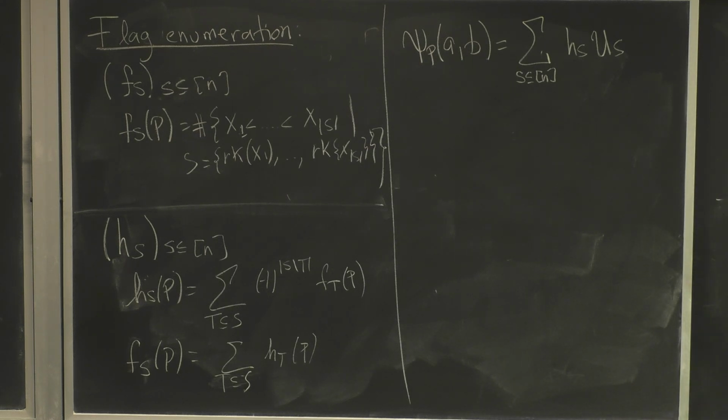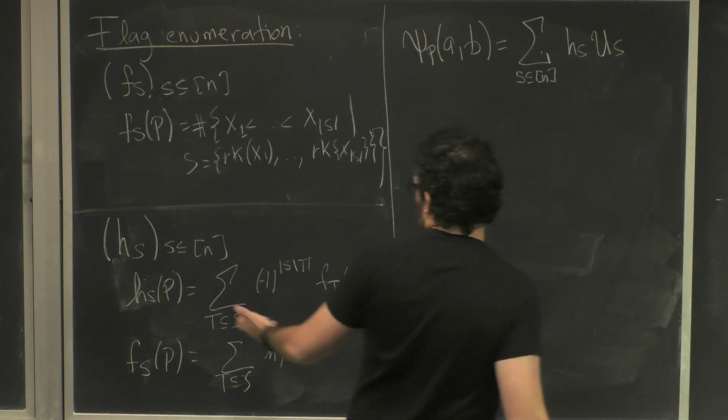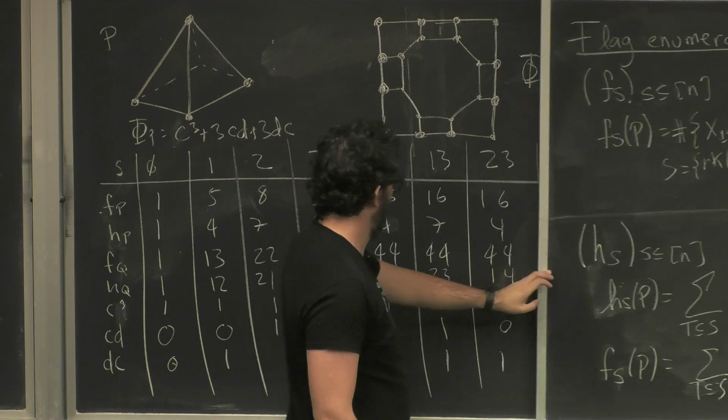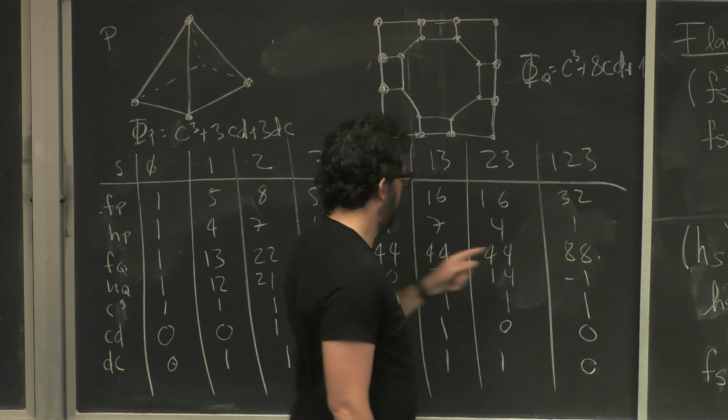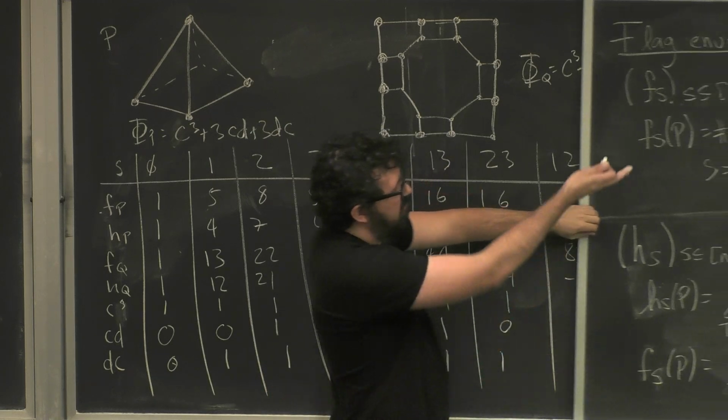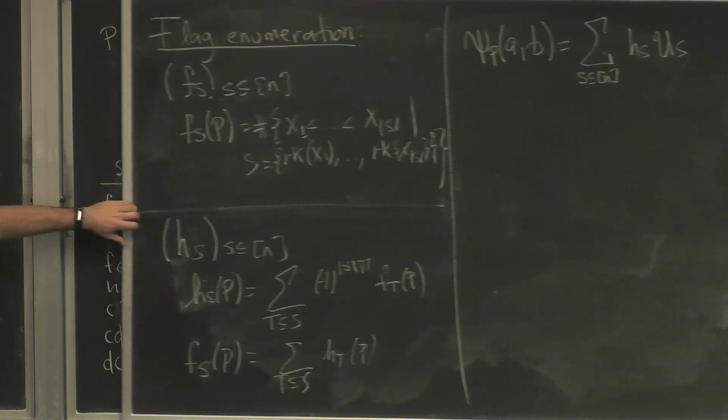And we see from this table that there's some sort of symmetry, and maybe these polynomials can help me keep track of that symmetry.